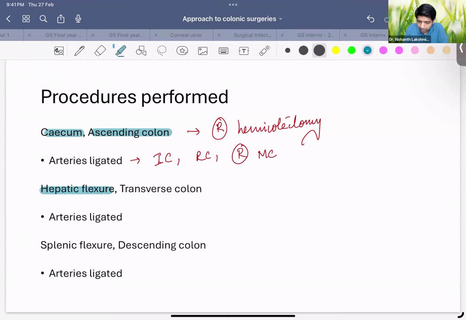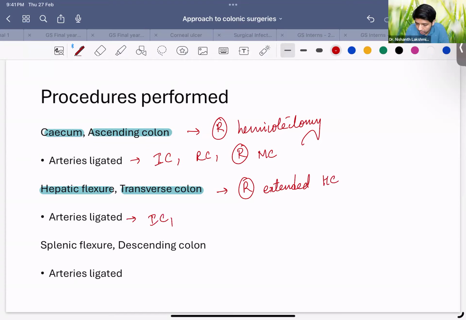But if the tumor is in the hepatic flexure or the transverse colon, then the procedure is a right extended hemicolectomy. The vessels ligated will be your ileocolic, right colic, and the right and left branch of middle colic, or you can just say trunk of middle colic. Both are accepted.